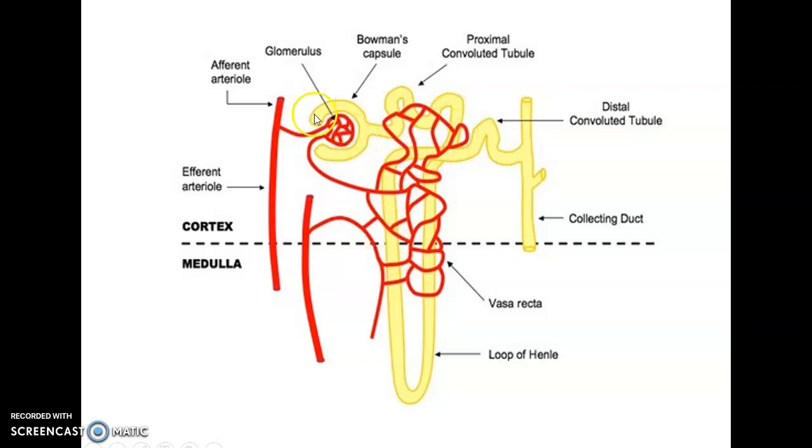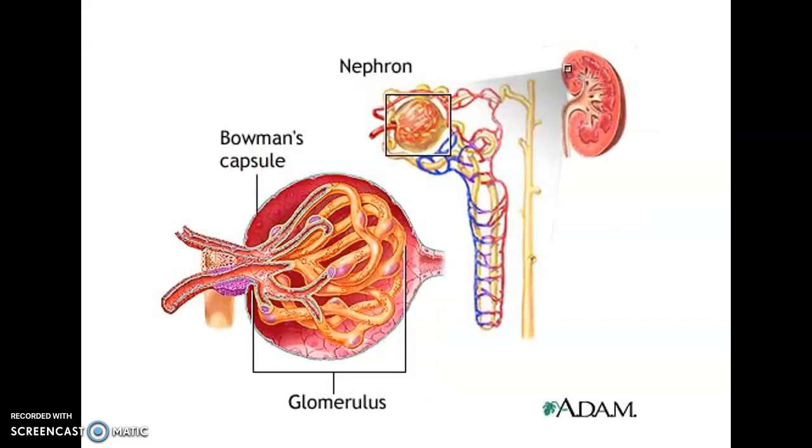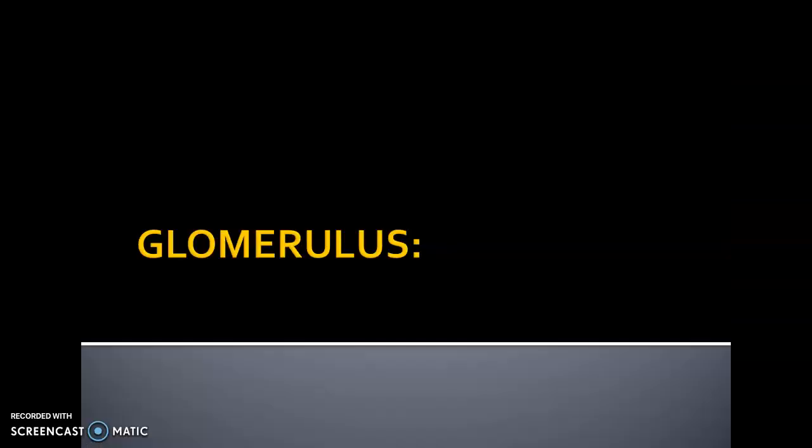I repeat, the glomerulus along with the tubule forms the nephron. So here you can see you have the glomerulus and here you have the renal tubule, which constitute a single nephron.